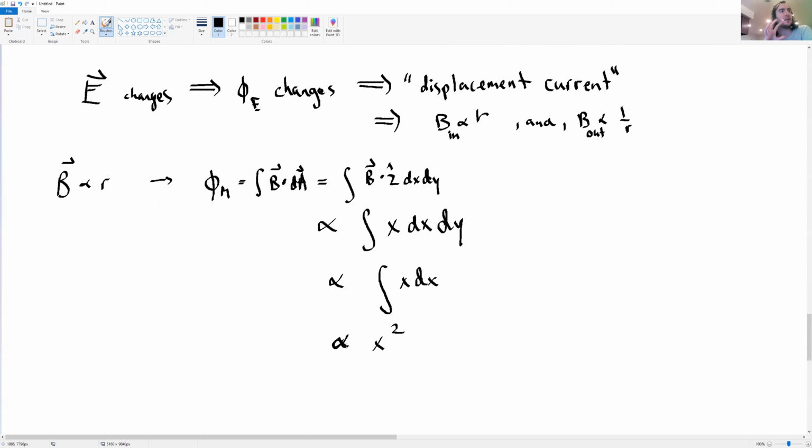So you guys fill in the details in your homework. You should have something like this, but this x squared, when you solve the problem, maybe you can translate that over to r squared instead of x squared if you want to. But you can also leave it as x squared because it's really the x component that's changing as you go further and further away from the center axis of the cylinder there.